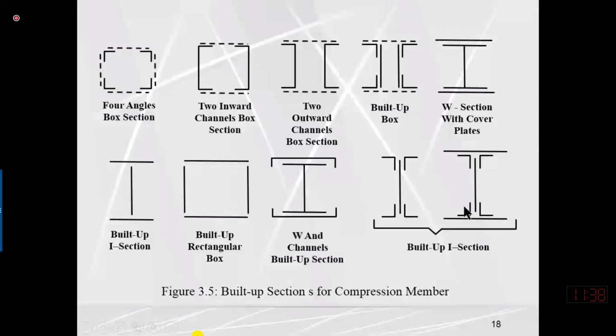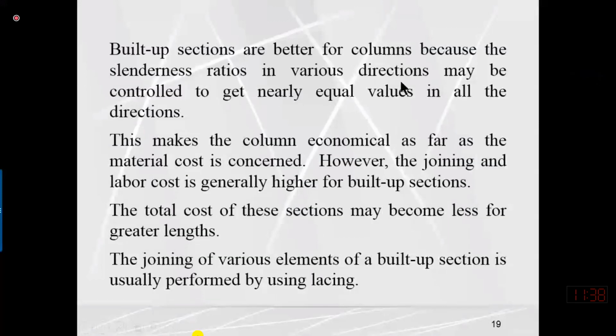Built-up sections are better for columns because the slenderness ratio in various directions may be controlled. Controlled means it may be increased to get nearly equal values in all directions. What is the ideal section? An ideal section has the same slenderness ratio about both axes, x-axis and y-axis.